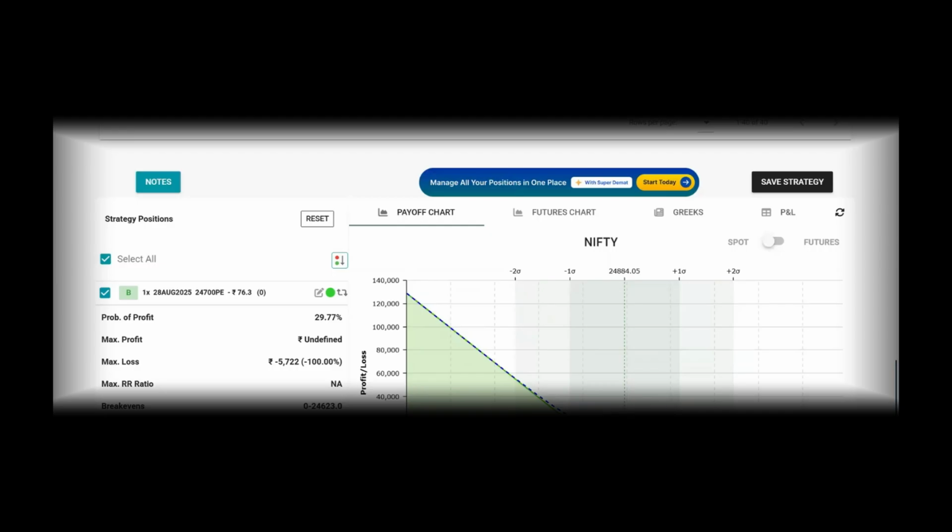Similarly, if the market would not fall but actually gain or it expires somewhere else, you would be booking a fixed loss of 5,722 in this particular case on the date of the expiry.